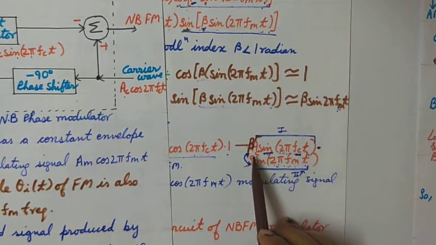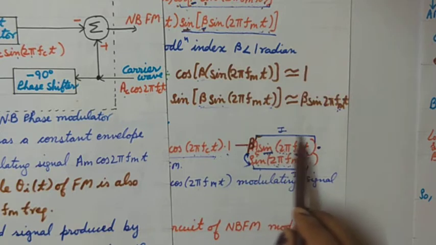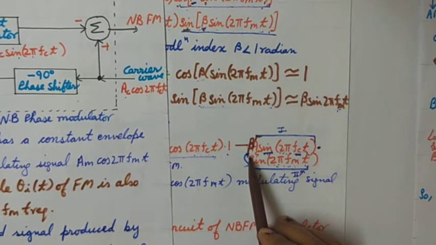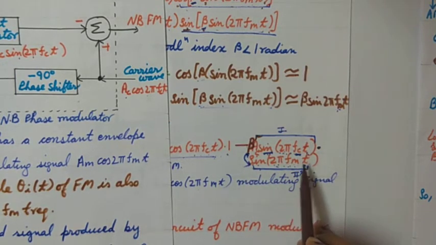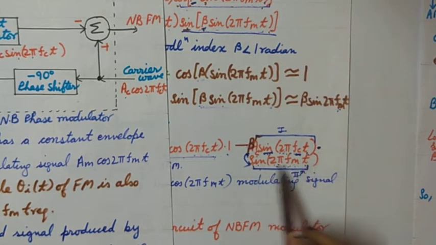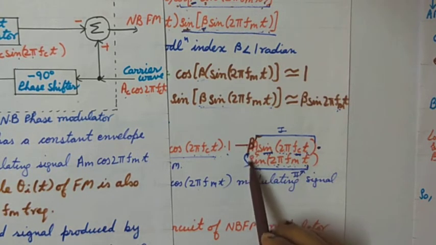Now the other term which we want is the product of this term with another term, which is beta sin 2π fm t. See how we'll obtain this along with beta.